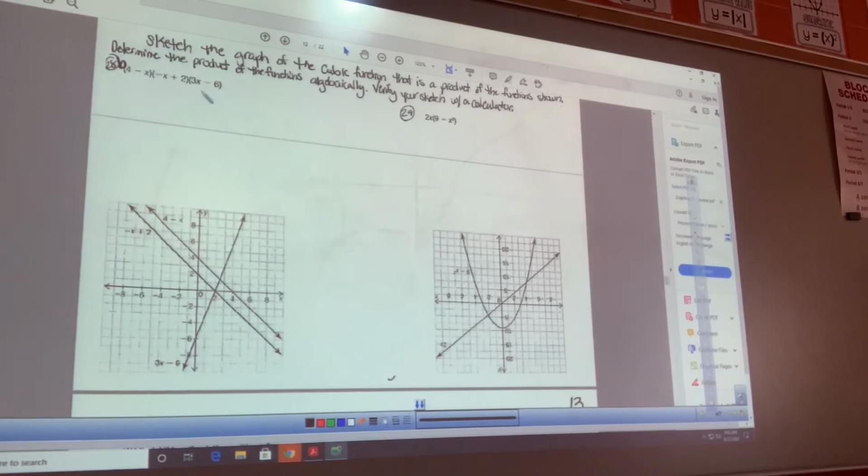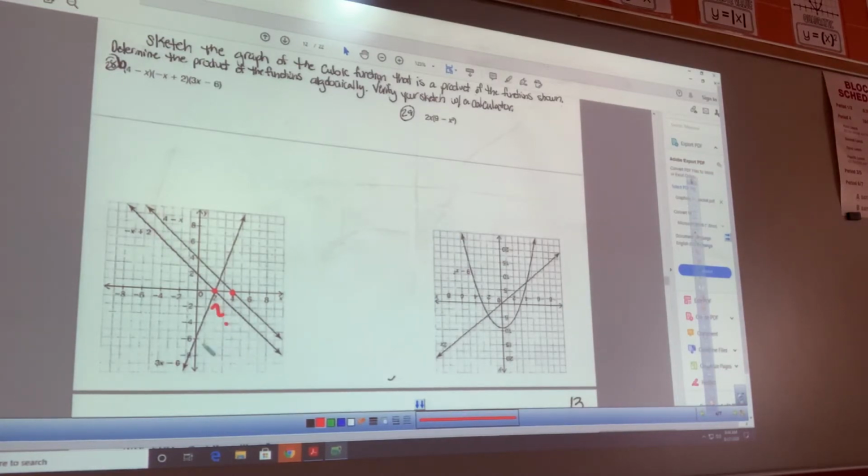And then you are going to sketch your new graph. So you're going to multiply these together just like we did that quartic that we just did. And you're going to get a new equation. And when you get that new equation, you are going to see that it's going to have zeros right here and right here.